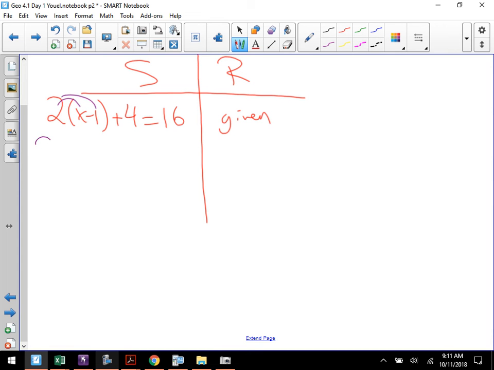So I have 2x minus 2 plus 4 is 16. What was the reason that I did that? Distributive property. So on your reason bank, you have your distributive property. Okay. Now what? Simplify. Good.